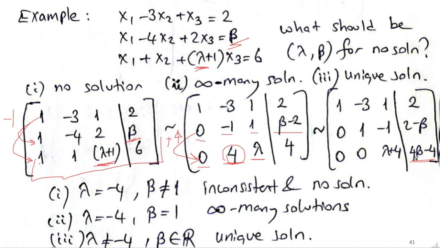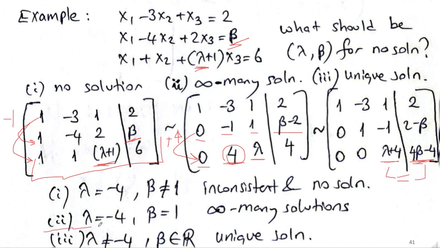So now the important thing is, depending on the values of lambda and beta, whether we can have a unique solution, inconsistency, or infinitely many solutions changes. The first scenario is, if both of them are equal to 0, then this is 0 equals 0, and that's the infinitely many solutions case.